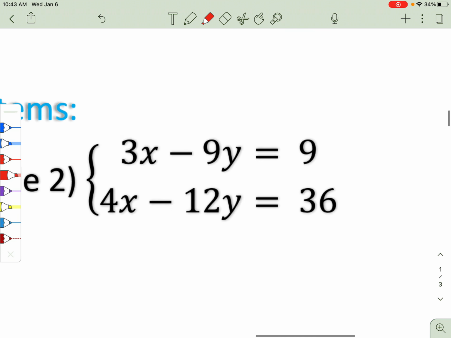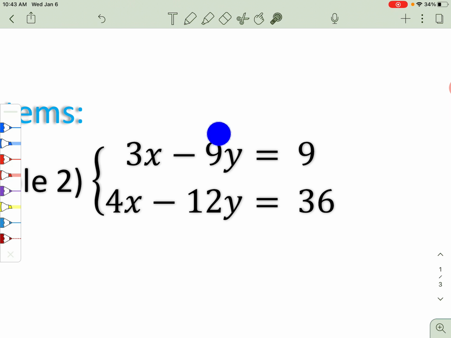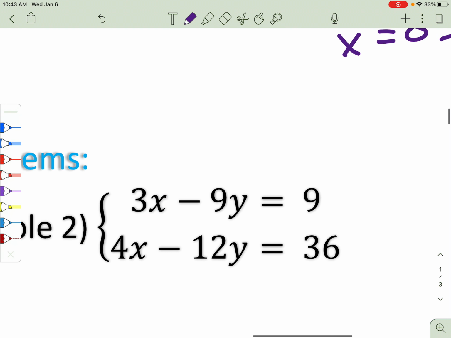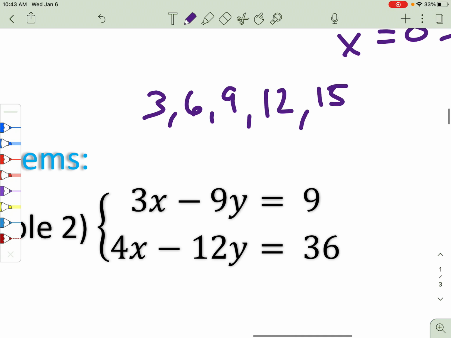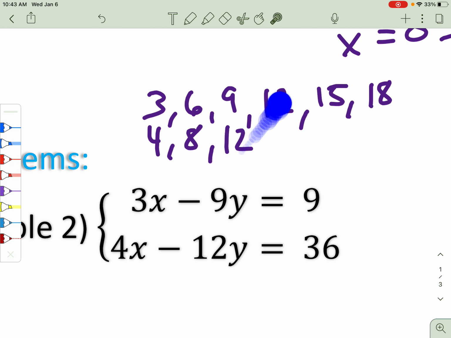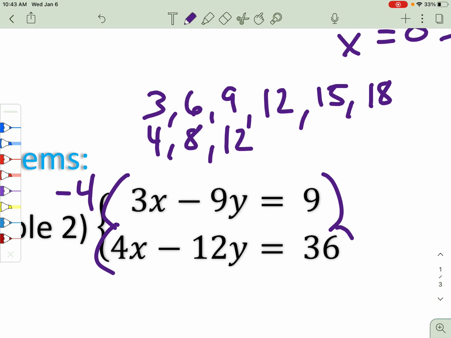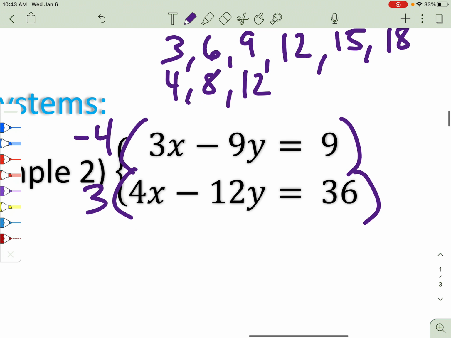Okay, and then last one here. Again, they do not cancel out, and this one's a little bit tougher because even if I multiply 3 by something, it doesn't get me to 4, and vice versa. But if you think about their multiples, like 3, 6, 9, 12, 15, 18, 4, 8, 12, notice that they both have a 12 in common. So that's the one I'm going to get at. So 3 times a -4 would get me 12, and 4 times 3 would also give me 12.